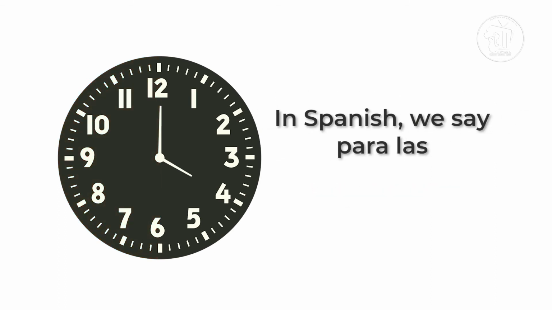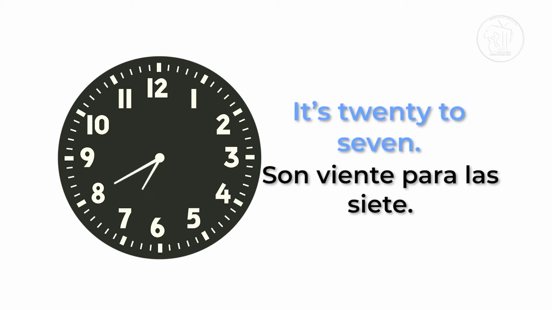In Spanish, we say para las. So let's assume it's 20 minutes to 7. That's 6:40. In Spanish, we would say son 20 para las 7. That's 20 to 7.